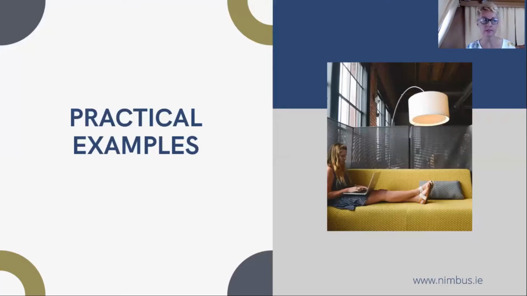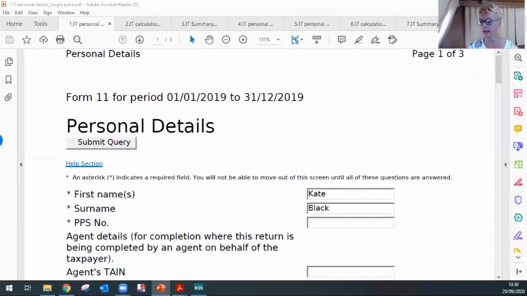I'm going to exit this presentation for a while, and on the screen you should see the first sheet. Just to let you know, I'm going to show you these returns in an offline Revenue Online Service, ROS system.